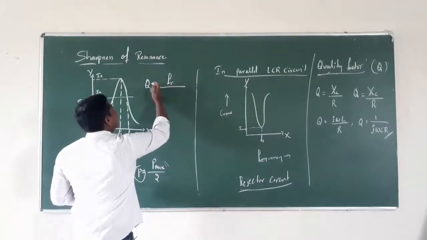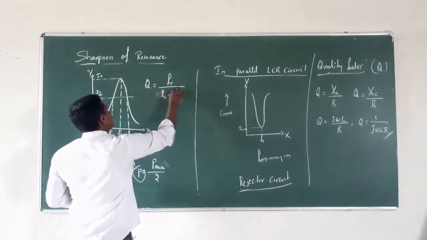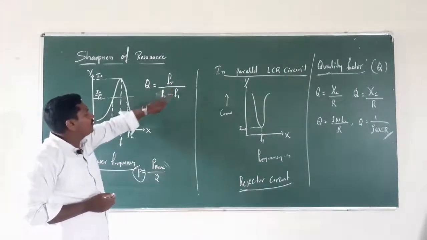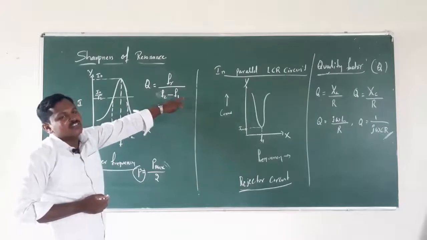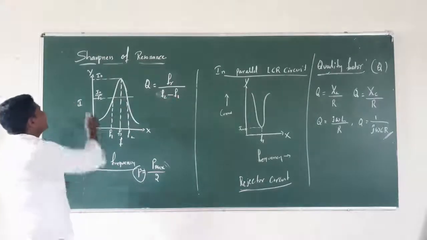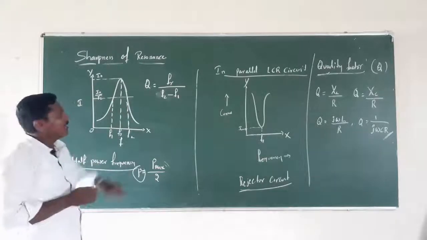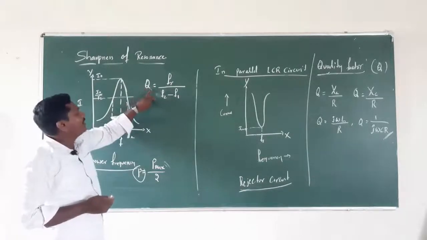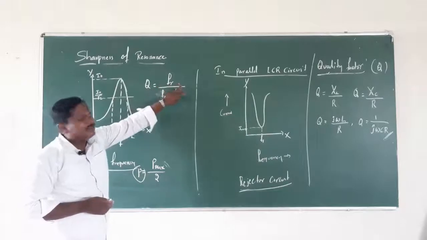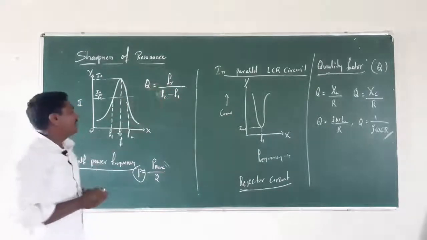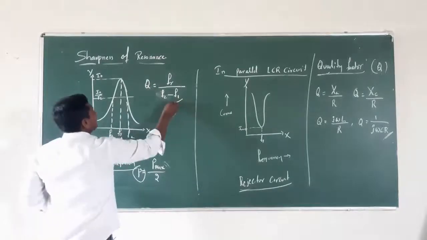Here the bandwidth can be represented by f2 minus f1. So quality factor based on half power frequency can be defined as the ratio of resonant frequency to the bandwidth of a resonance curve, that we can call a quality factor.